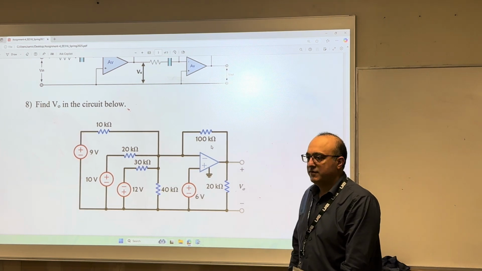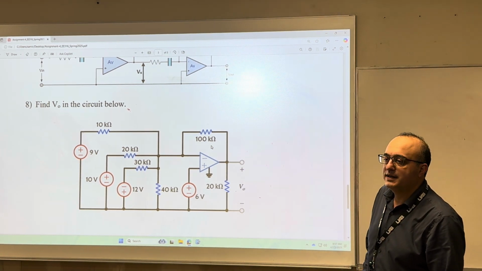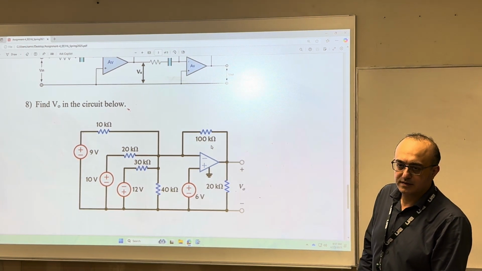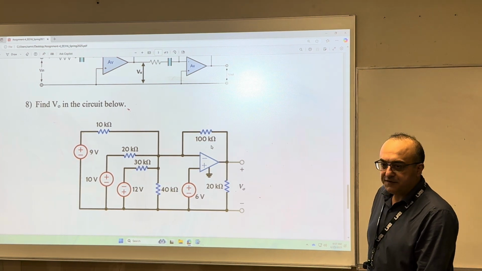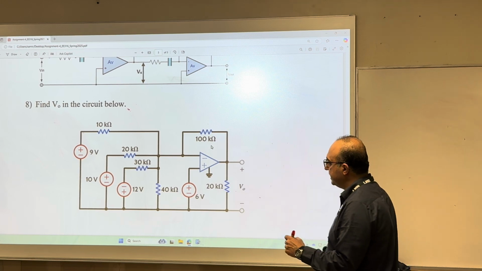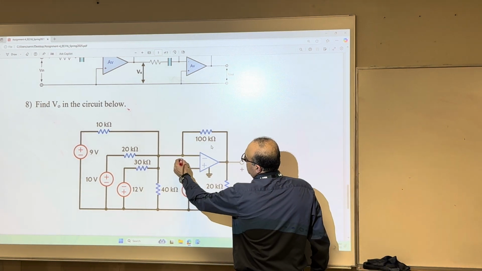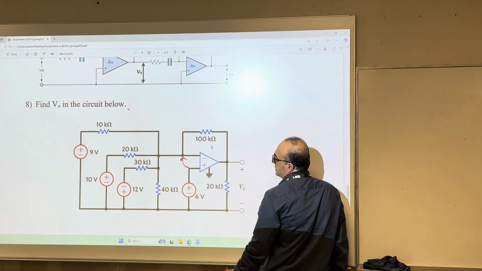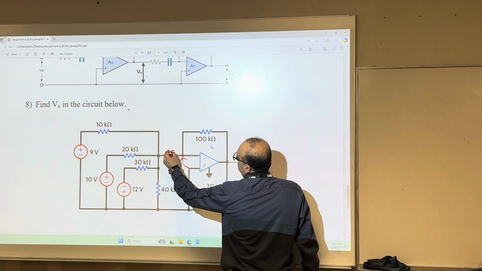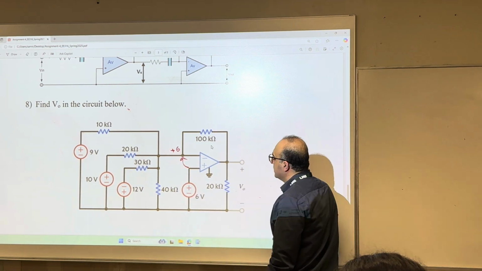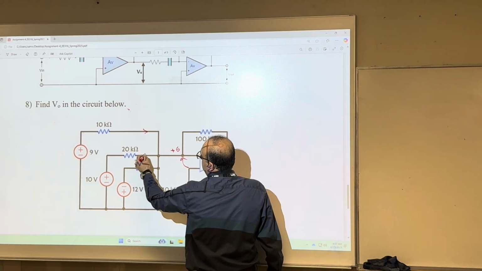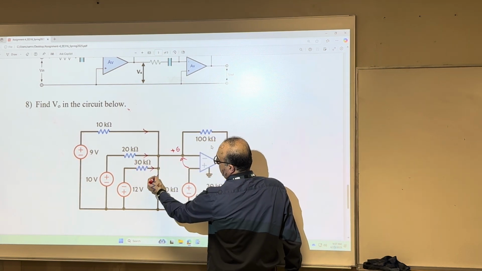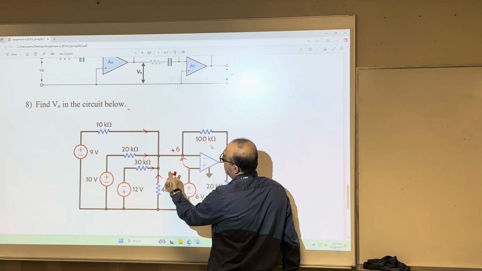She wants to calculate the voltage of superposition. Negative feedback. Then it means that the voltage here is how much? 6 volts. There's going to be one current here, one here, and one from here, very important.